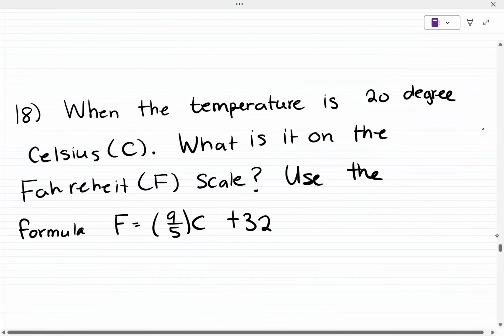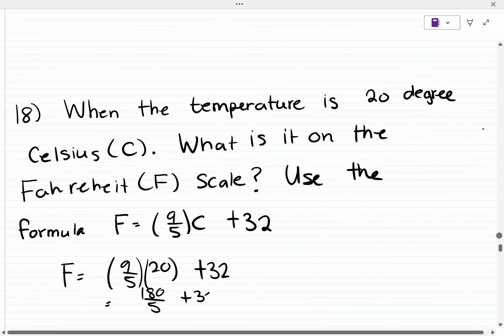Yeah, this is perfect. So they want to know what is going to be your degree in Fahrenheit, and they give us the formula. The good news is there's no conversion. You just plug in C, which was 20 degrees. So it's 9/5 times 20 plus 32. And this is going to give you 9/5 times 20 is 180 over 5 plus 32.